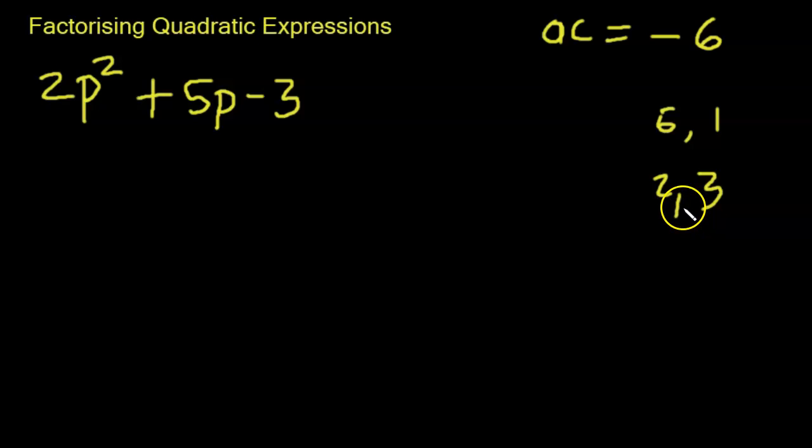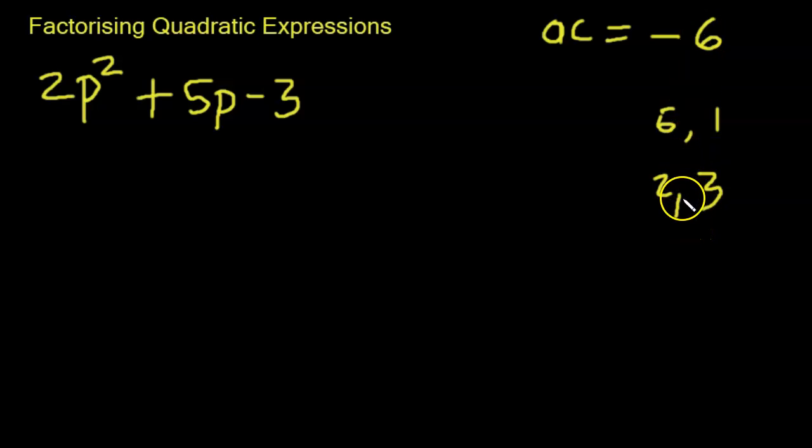And of course, the two numbers must add to give 5. But, could we use 2 and 3? Yes, 2 and 3 add to give 5. But why couldn't we use 2 and 3? Because 2 times 3 gives us +6. When we multiply the two numbers, we need -6.